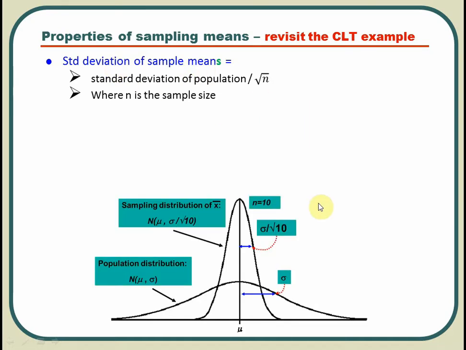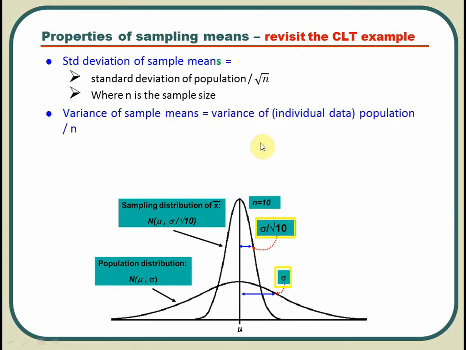Or let's say you are taking a sample size of 10; this is shown graphically. If this is the population's distribution, the distribution of sample means will be far smaller than that. If this was sigma, this is sigma by root 10. If you square both sides, the variance of the sample mean becomes the variance of the individual data in the population divided by n.